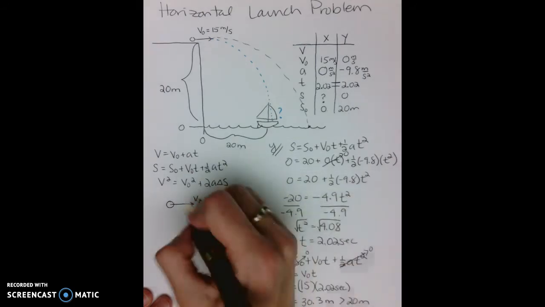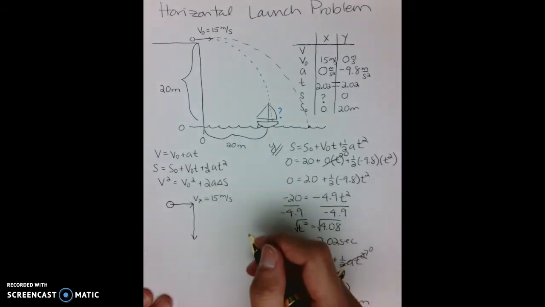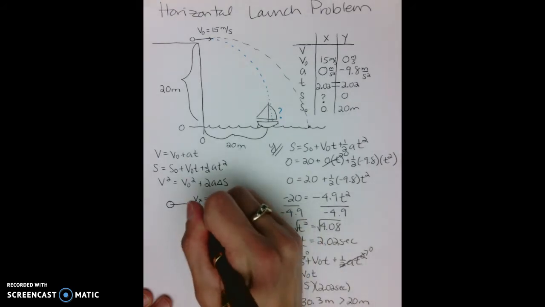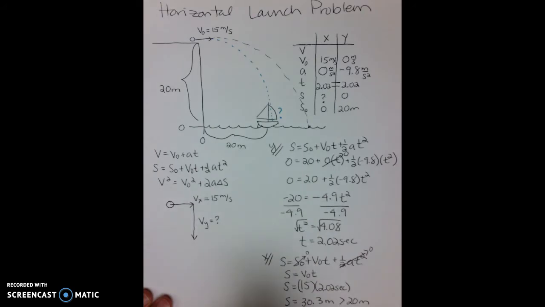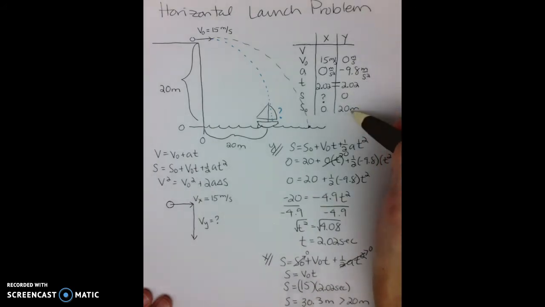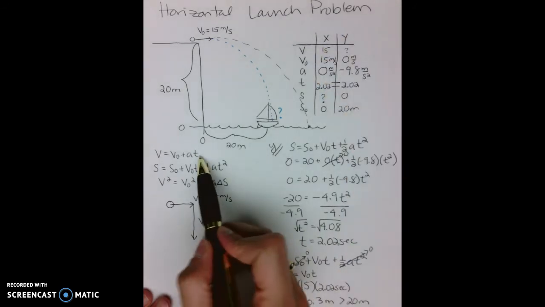Okay? But then there's some y velocity, and it's going to be pointed down because the ball is falling down. So I don't know what that is, and I can find that using my y column. The easiest equation to find this value is the first one.